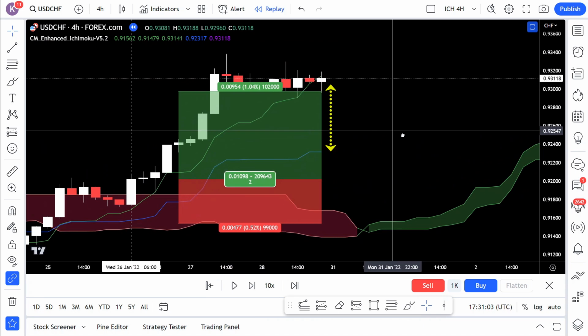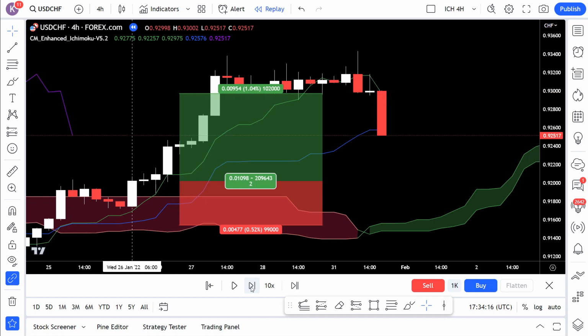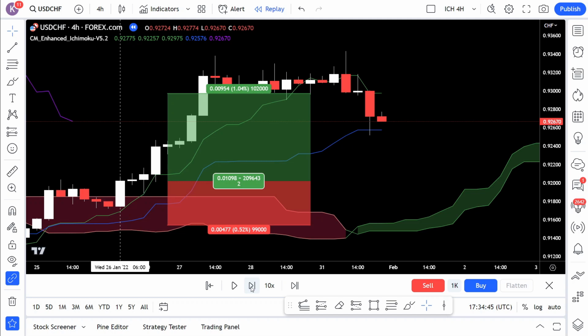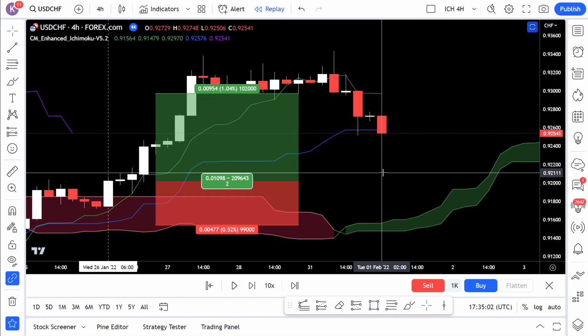If instead we used the blue moving average, we'd still be in the trade. Price crossed but didn't close below the average, so we're still trailing our stop. Price closed below the average and this is where we would have exited.